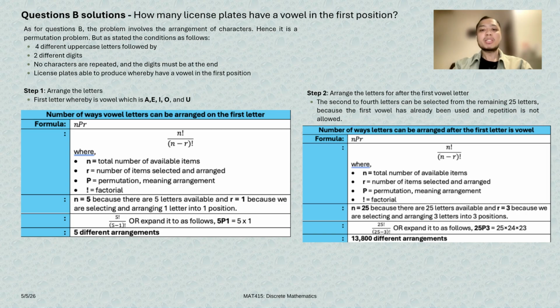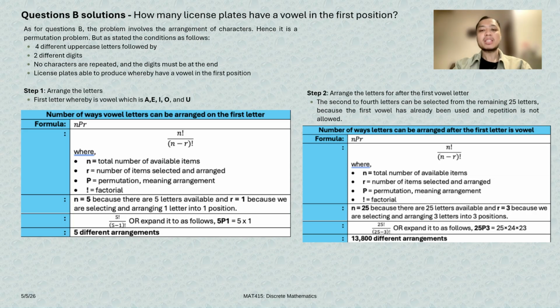Here, n represents the total number of available choices, while r represents the number of positions we are filling. P means permutation, and factorial means multiplying a number down until 1. For the first letter, n is 5 because there are 5 vowels. The value of r is 1 because we only fill one position, which is the first letter.